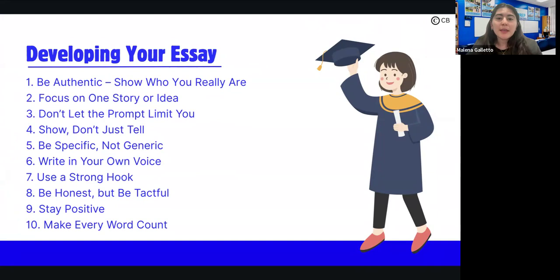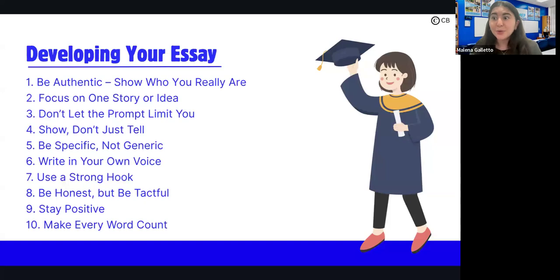And one of the ones that I think is the most important, and I truly emphasize with the students that I work with, is to be genuine, be authentic, and show who you really are. You're going to have many different people commenting, reading, giving you feedback on your essays, and some might give suggestions, and they might think, oh, you should take it a different way. But ultimately, this is your essay, and you don't want to have somebody else writing it.